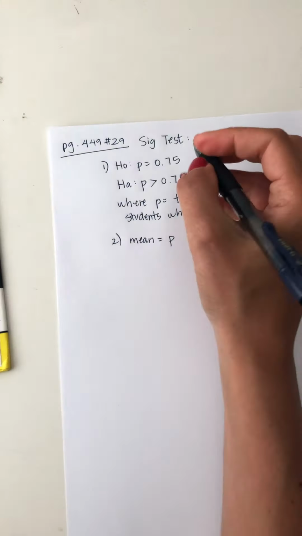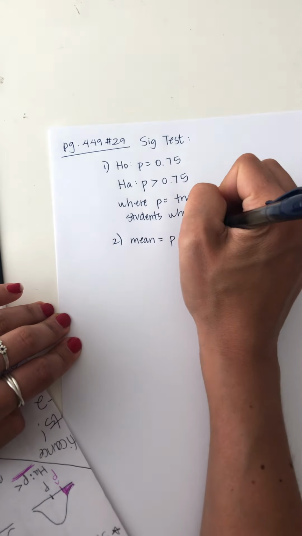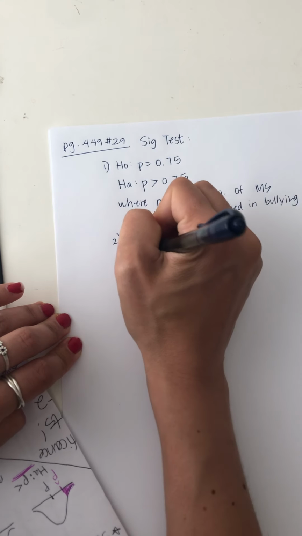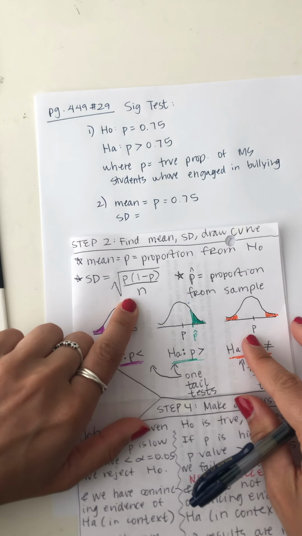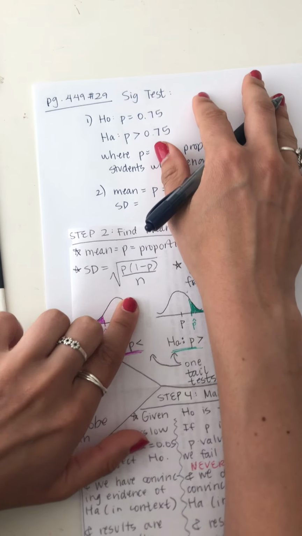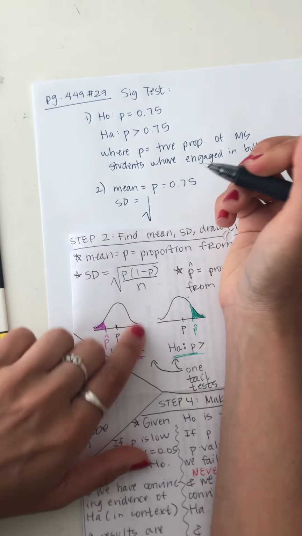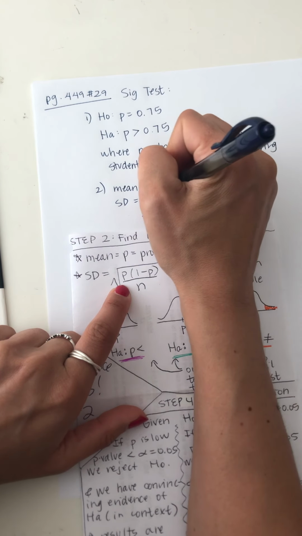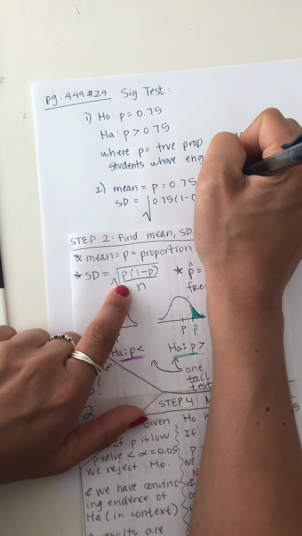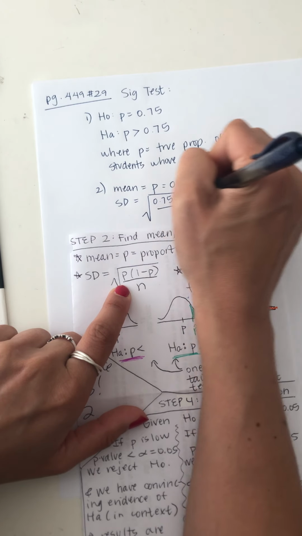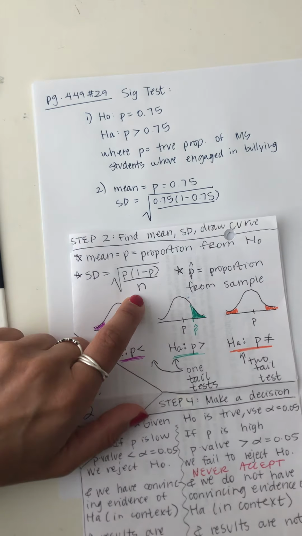So p is equal to 0.75. The standard deviation is square root of 0.75 times 1 minus 0.75 divided by n. That comes from my sample.